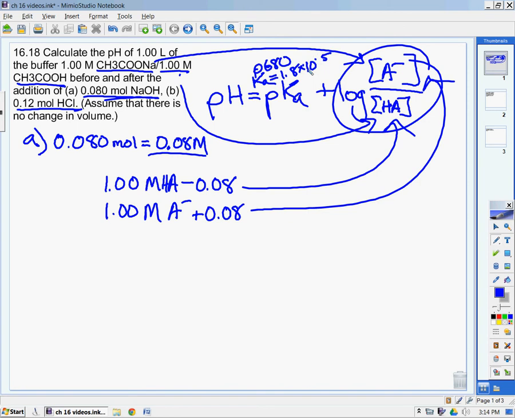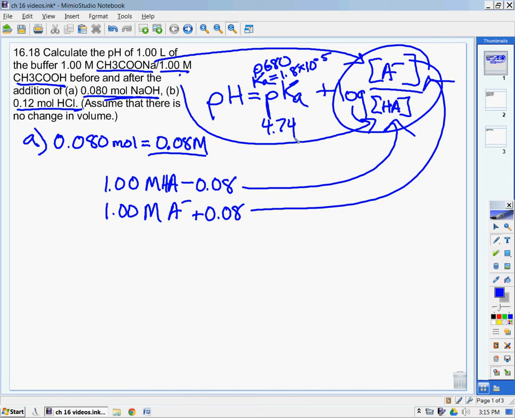So that means that the pKa is 4.74. You just take the negative log of Ka, same way as you would take pH. P means power of, or the negative log of.